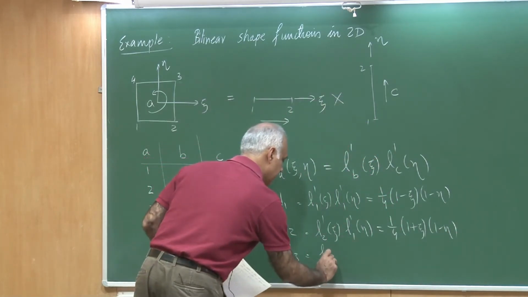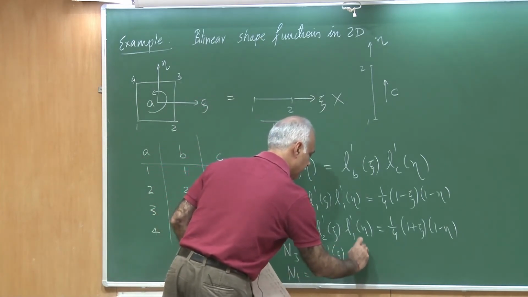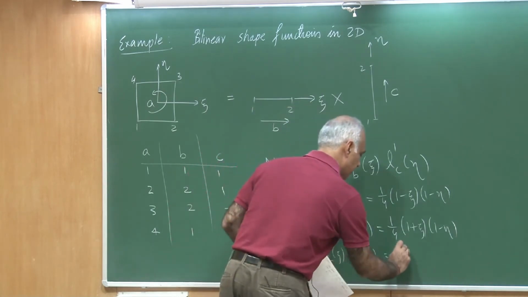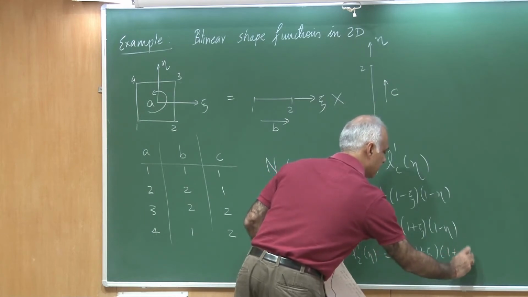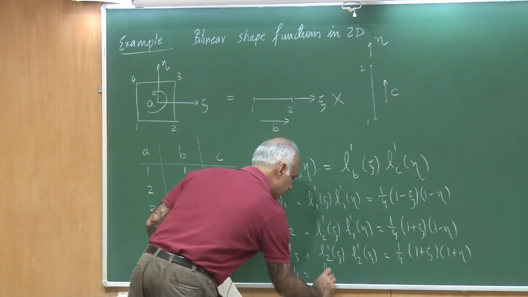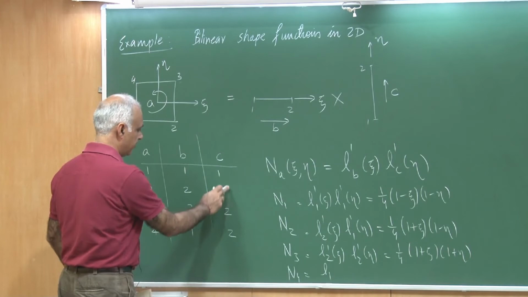N3 would be L2(xi) times L2(eta), and this would be 1/4 of (1 plus xi)(1 plus eta). And finally, N4 would be given as L1 for the B, and for the C I have 2.